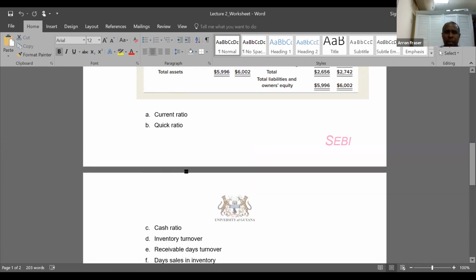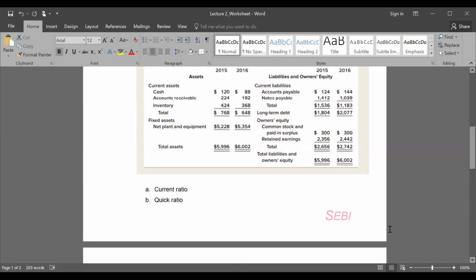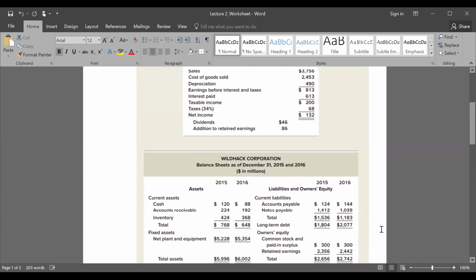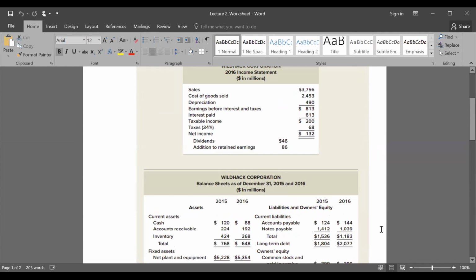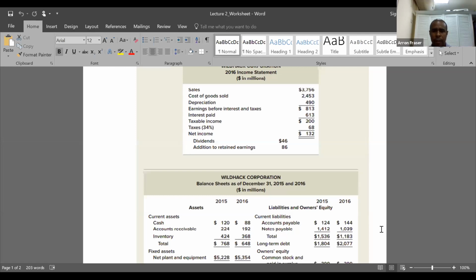Where do we get cost of goods sold? Income statement. And then we get inventory from the balance sheet, right?